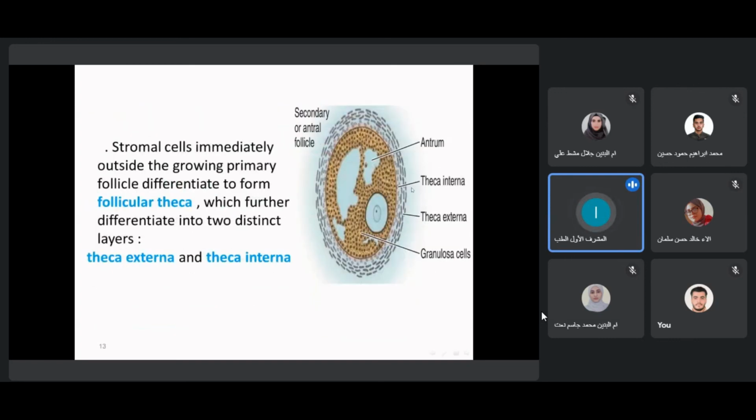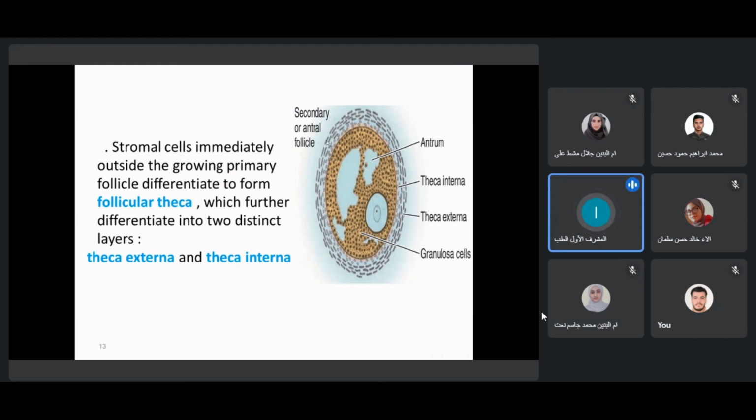Also, the stromal cells that surround the follicles. The ovarian stroma, which we said is made of connective tissue, is highly cellular in the cortex and loose in the medulla.